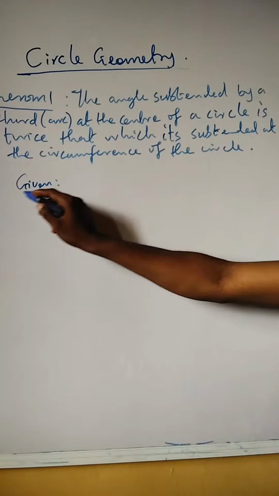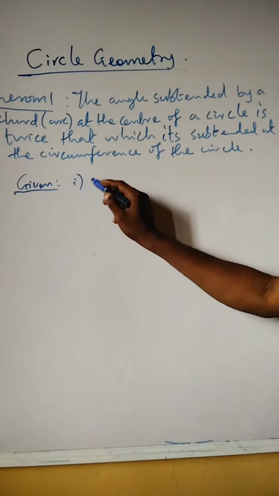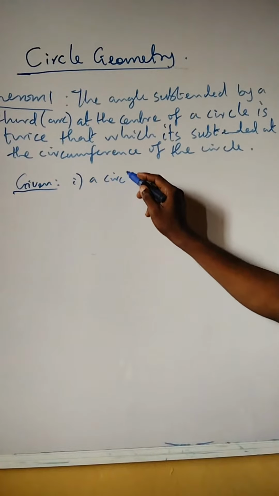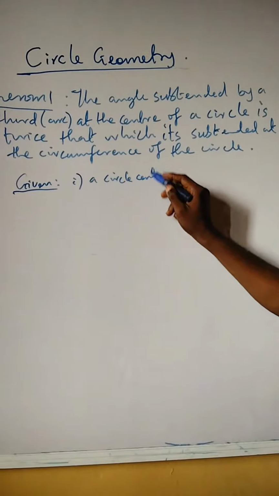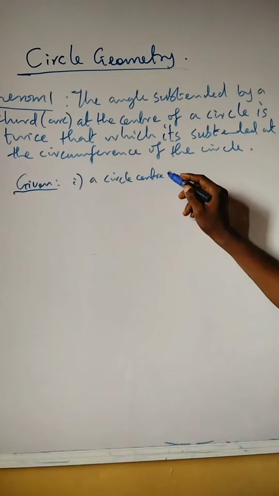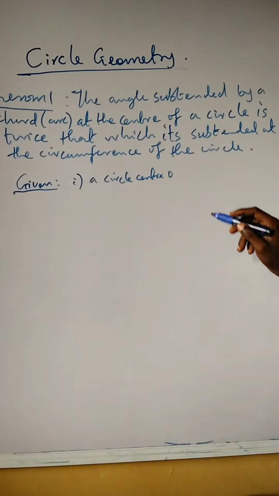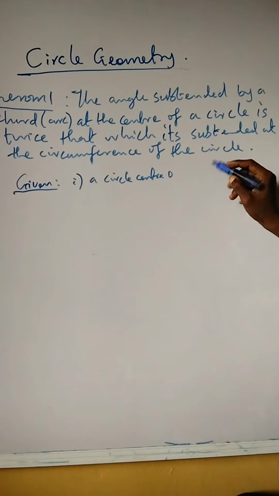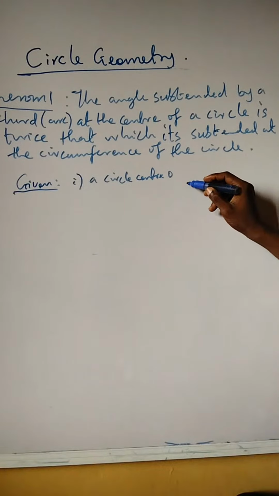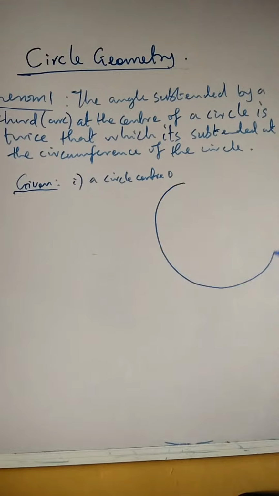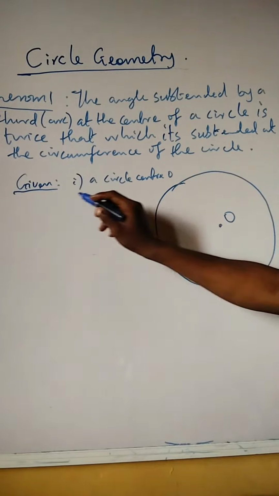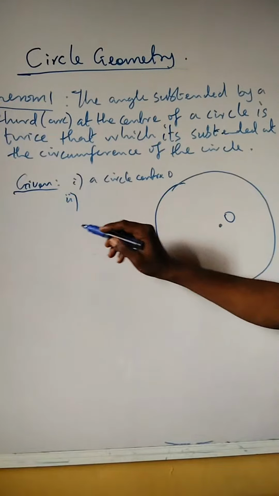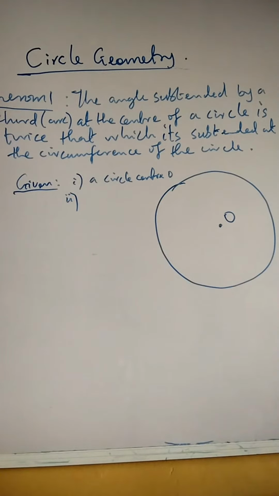We are given first a circle with center O. So we can draw the diagram as we state it, we describe it, we represent it. So we have a circle with center O. Now, this given we are listing, we are not making it up; we are only looking at the theorem and extracting it.